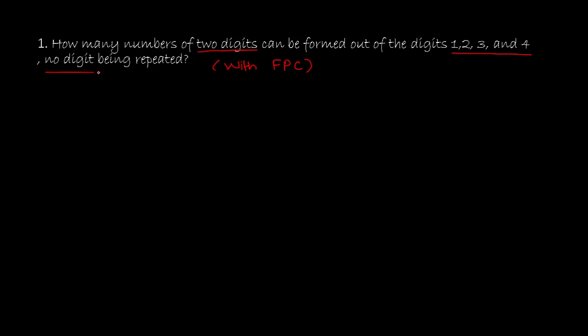No digits being repeated. Similarly, we have to consider the tens digit and the units digit. We can choose one number from these four numbers, so for the tens, I have four ways.